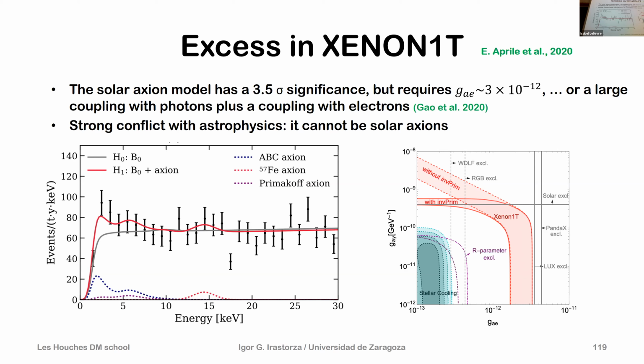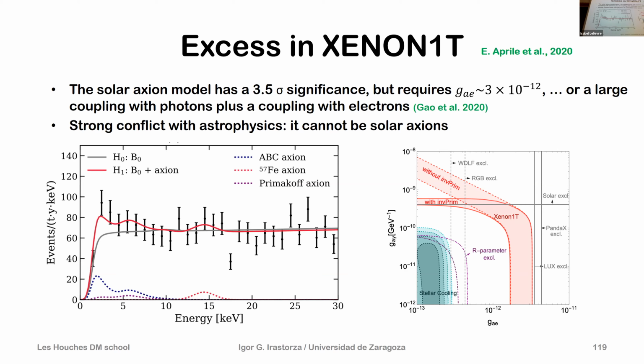You can look for axions coming from the Primakoff effect in the sun, so axion photon coupling, or the ABC axion, so axion electron coupling, and also at the detection side, in the experiment, you could invoke axion electron interaction, so again axion electron coupling, or also Primakoff effect, so axion photon interaction in the electromagnetic fields of the nuclei of the xenon.